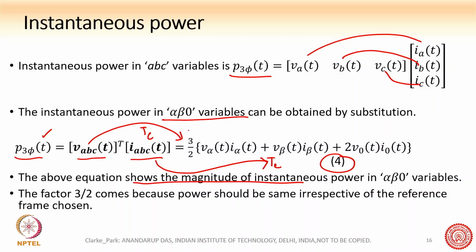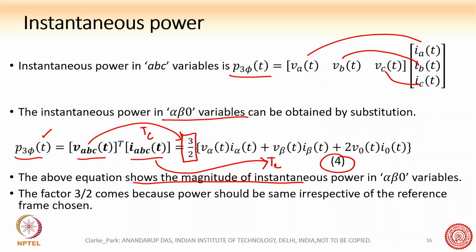Now here you can see we get a 3/2, and this has come because we have used a magnitude invariant transformation. If we had used power invariant transformation, this factor 3/2 would have vanished, and the powers would have been the same.